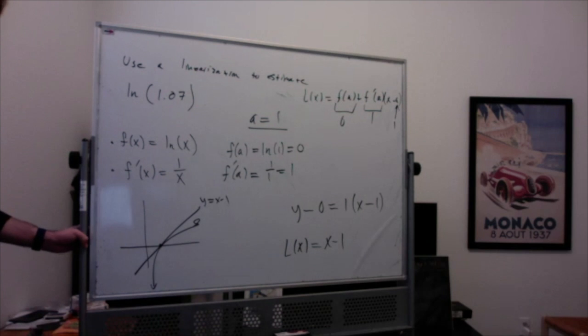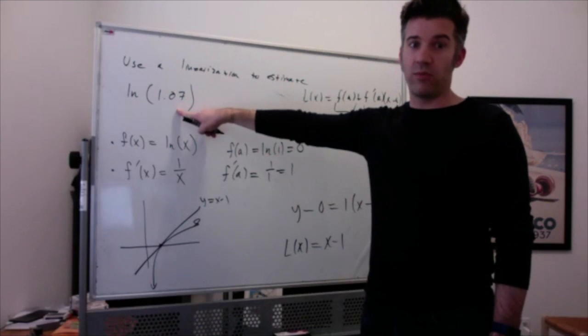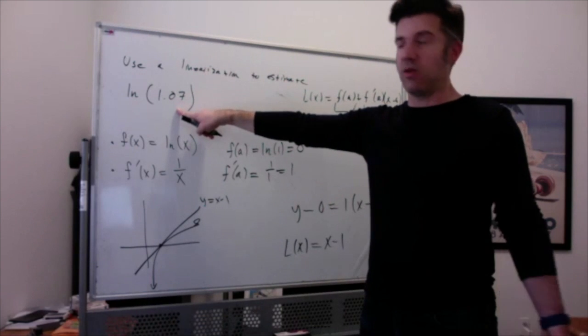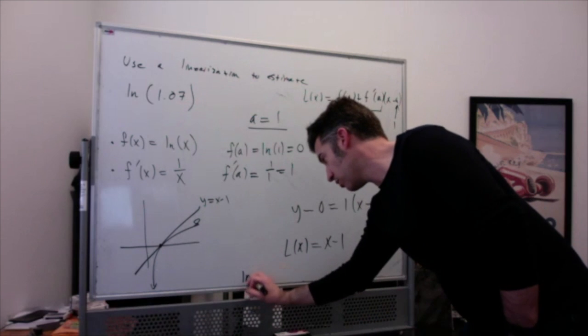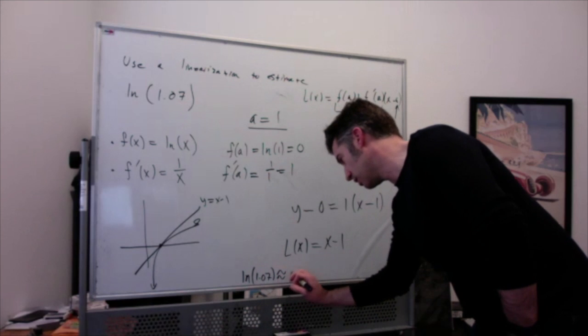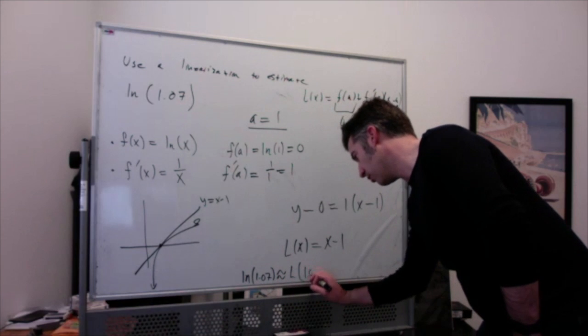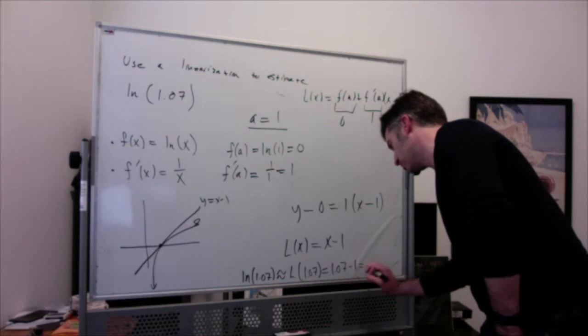So then we're trying to figure out what natural log 1.07 is. So natural log of 1.07 is approximately the linearization at 1.07, which is 1.07 minus 1, which is just 0.07.